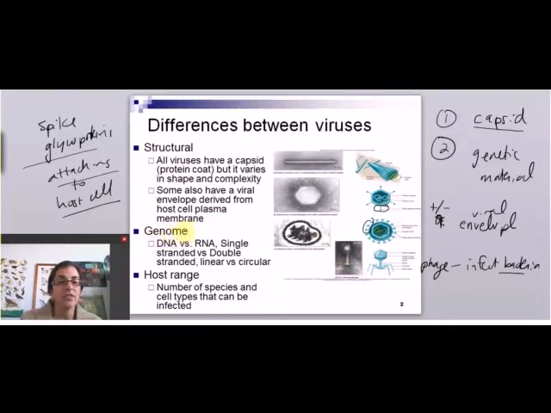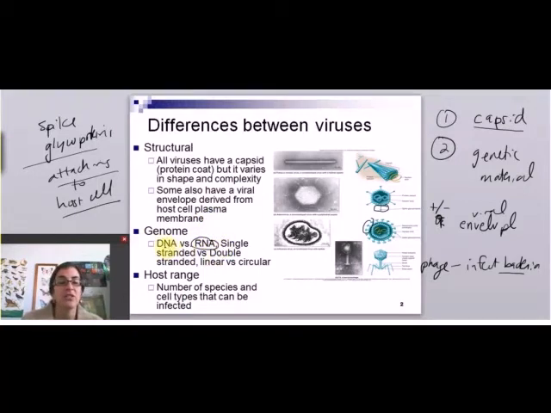Viruses also differ in their genetic material. Everything we've learned about so far in biology, the genetic material is always double-stranded DNA, and that's true for all things that are considered life. Viruses do not have just DNA as their genome. Some viruses do use DNA, but some viruses use RNA as their genetic material.